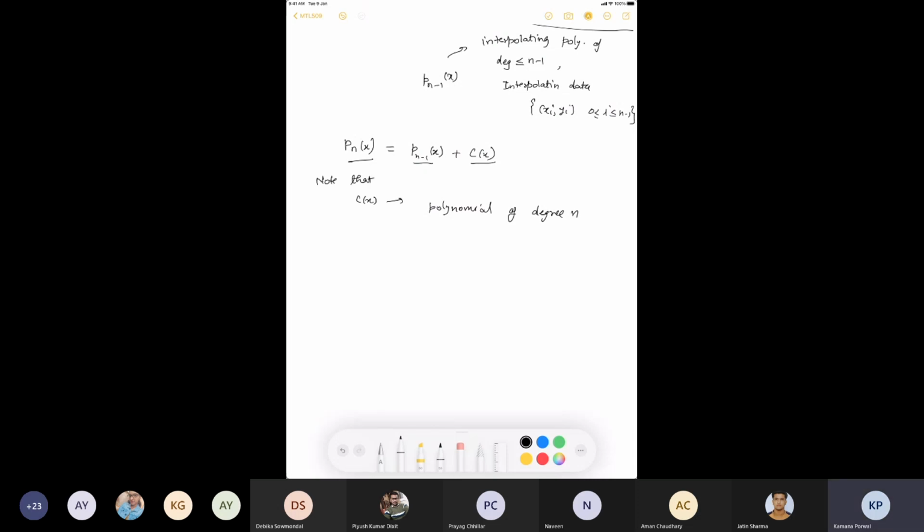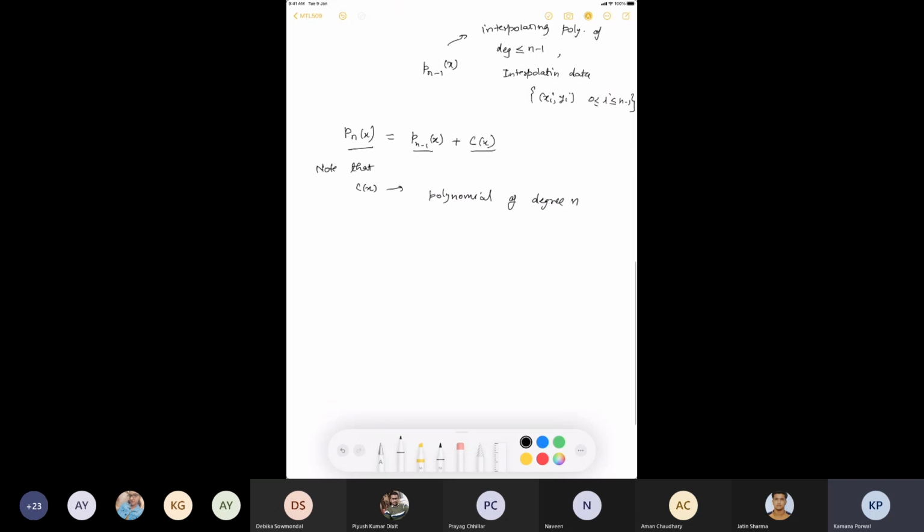And note what are the properties we are seeking for the Pnx. So we are seeking that Pn at xi should be equal to yi for all i ranging from 1 to n, right?